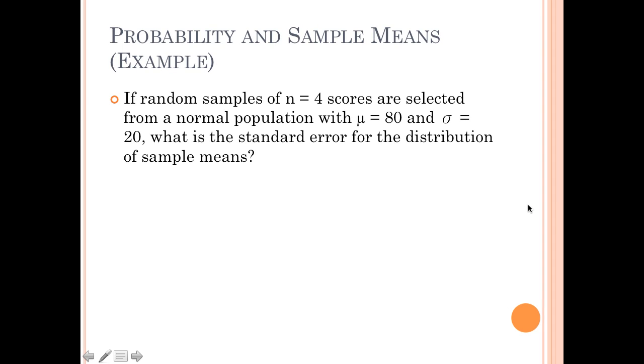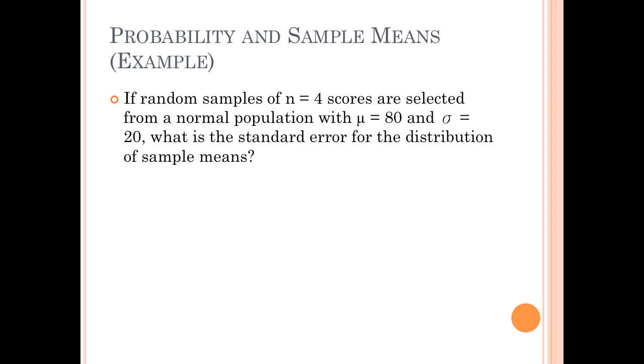So the only time you will use the standard error of the mean is if you're given some type of problem like this, where you're told a random sample of 4 scores is selected from a normal population with a mean of 80 and a standard deviation of 20.